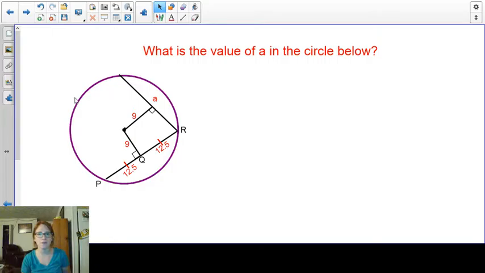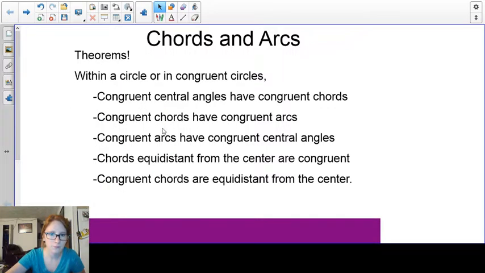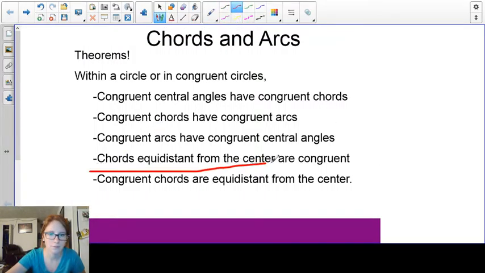All right, so what is the value of A in the circle below? So I'm trying to find this chord. Well, if we go back to some of those theorems, chords equidistant from the center are congruent. That's the one I want to highlight right there.